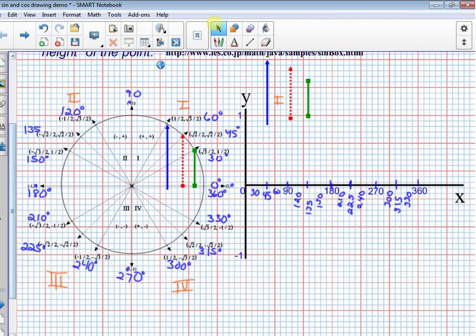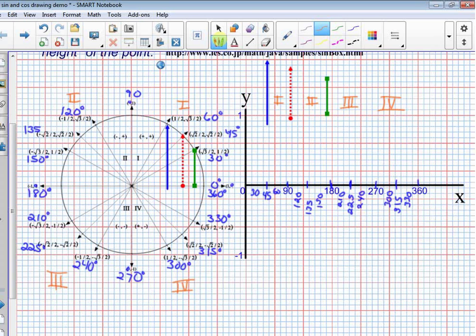Let me move this out of the way. 90 to 180. 180 to 270 is quadrant 3. And then 270 to 360 is now quadrant 4. So I'm kind of taking this unit circle and unraveling it and writing it out linearly.